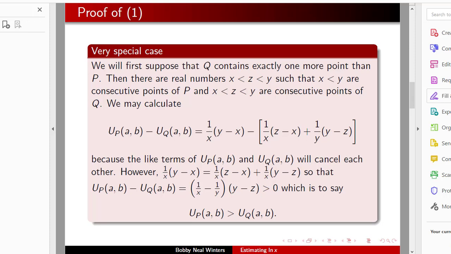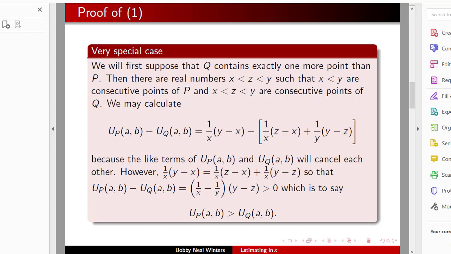We will first suppose that Q contains exactly one more point than P. In that case there are real numbers x less than z less than y, such that x and y are consecutive points in P, and x, z, y are consecutive points of Q.